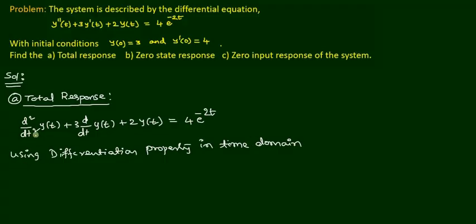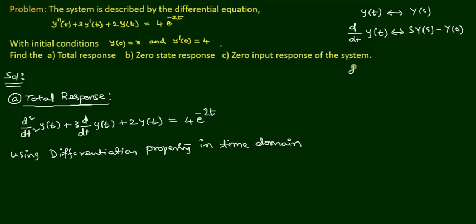Let us recall the differentiation property. If y of t is the time domain signal, then its Laplace transform will be Y of s. If the derivative of y of t is there, then its Laplace transform will be s into Y of s minus y of 0.